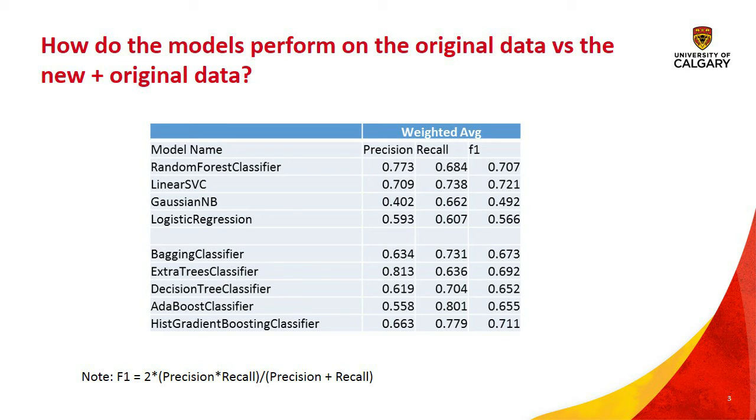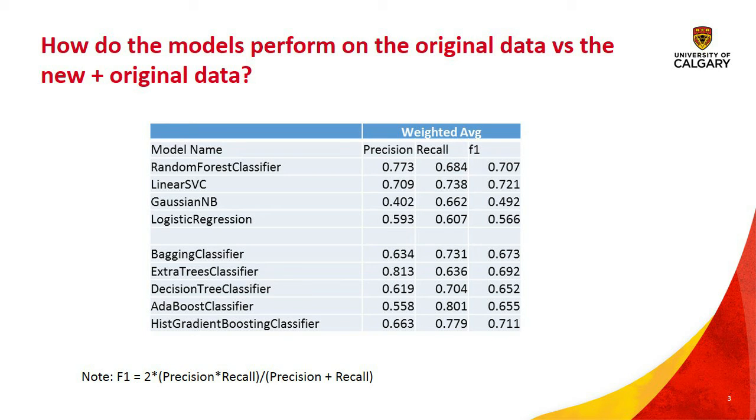Now, for overall performance, we should instead look at what we call the F1 score, which is a function of precision and recall. So it's a balance of both precision and recall, and it would give us a more general performance of the model itself, where the formula is F1 equals 2 times precision times recall divided by the sum of precision and recall.